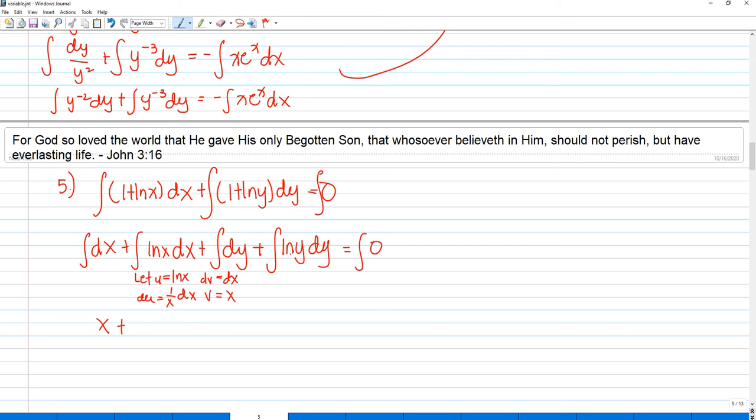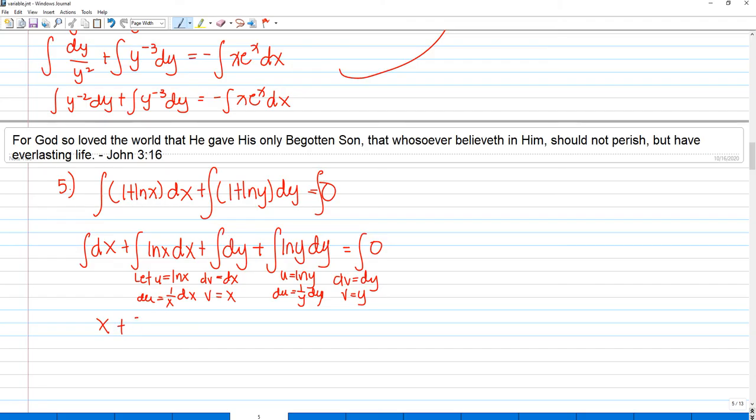Same rule for this: integration by parts. Let u equal ln of y, we have du equals 1 all over y dy. Then dv equals dy, and integrating, v equals y.